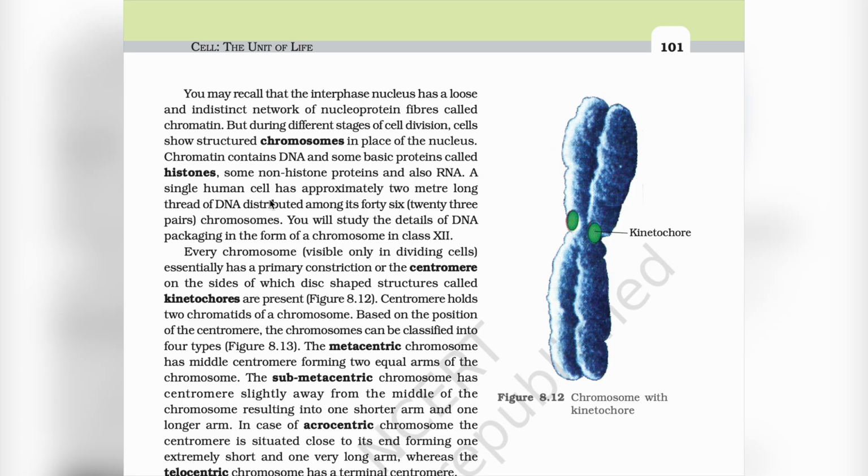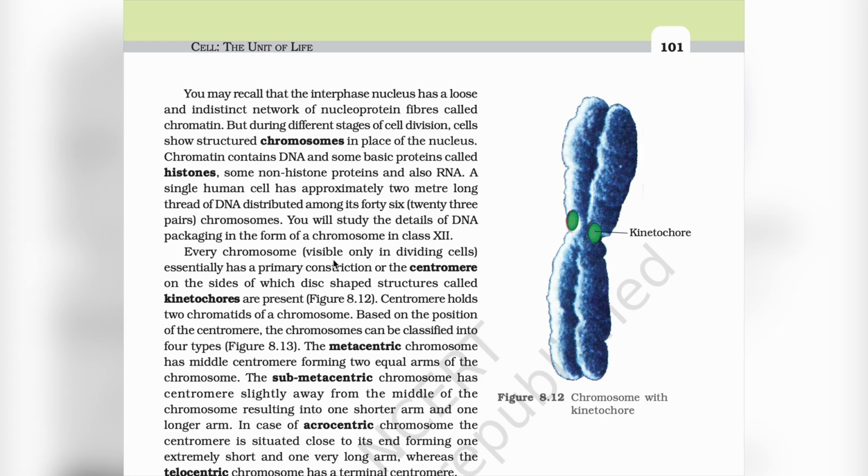A single human cell has approximately 2 meter long thread of DNA distributed among its 46 or 23 pairs of chromosomes. You will study the detail of DNA packaging in the form of a chromosome in class 12th.